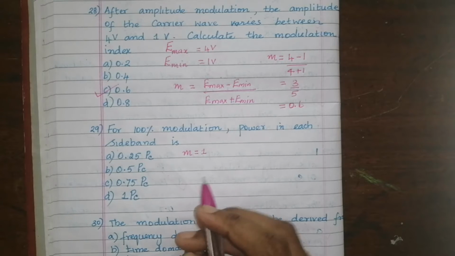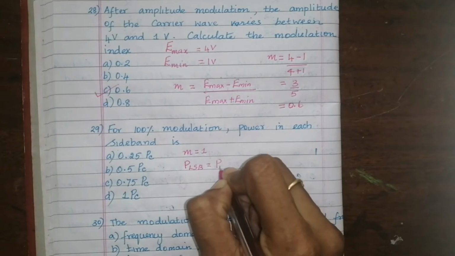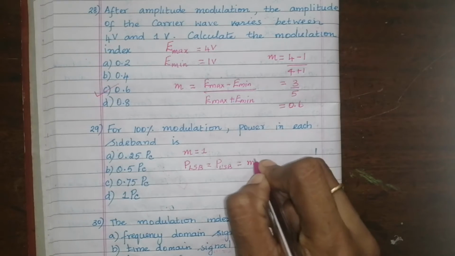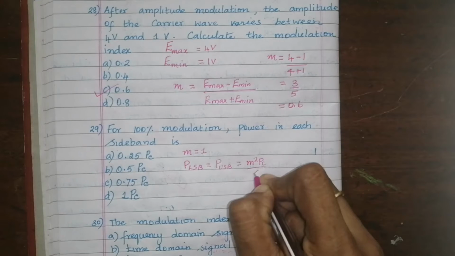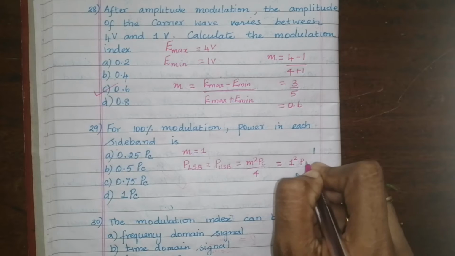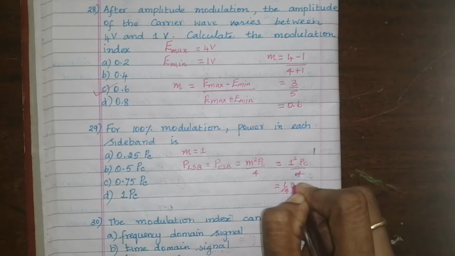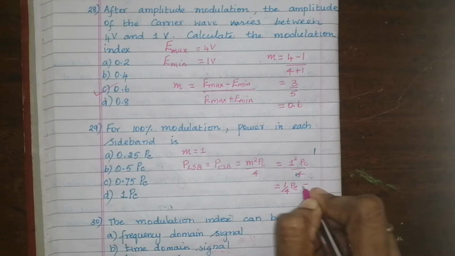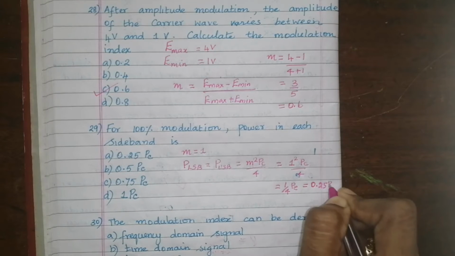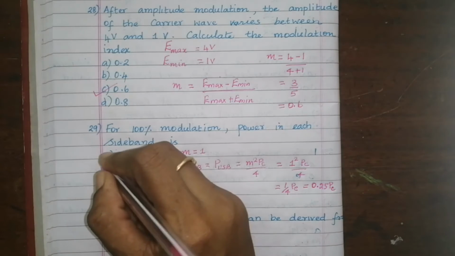To calculate power in each sideband, the formula is power in LSB and power in USB is equal to M square PC by 4. We know the value of M is 1, so 1 square PC by 4, which is equal to 1 by 4 PC. 1 by 4 is nothing but 0.25. So we will be getting 0.25 PC. The correct answer is option A, 0.25 PC.